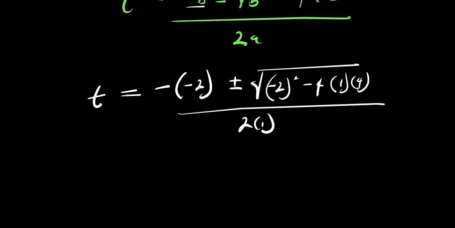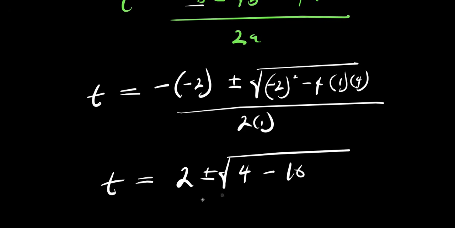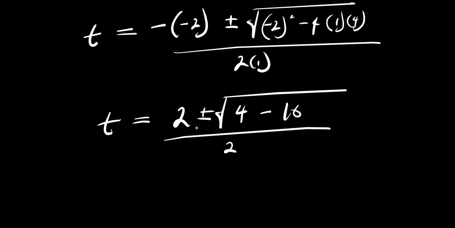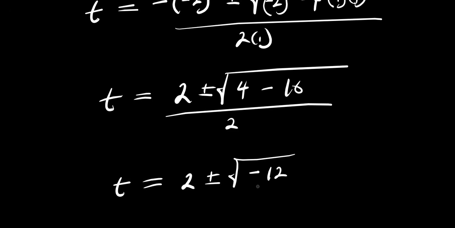And from here, I have t equals 2 plus or minus square root of 4 minus 16, divided by 2. So t equals 2 plus or minus square root of -12, divided by 2.